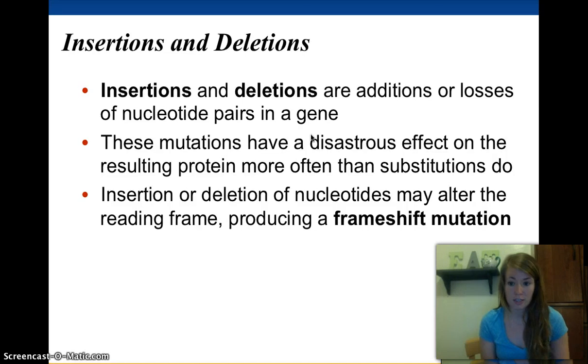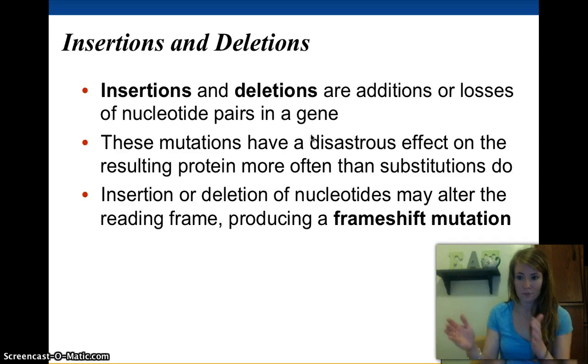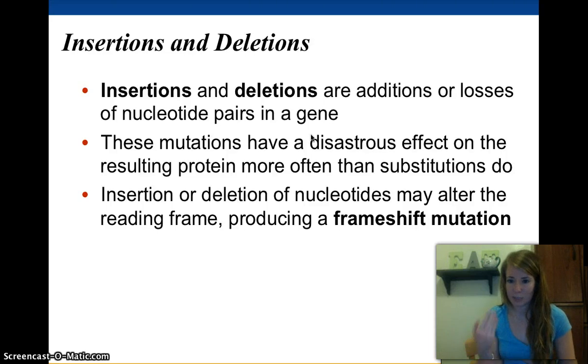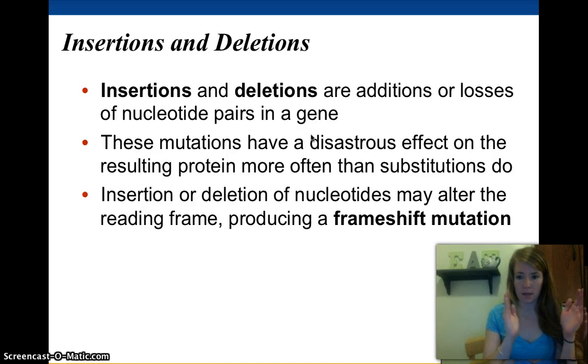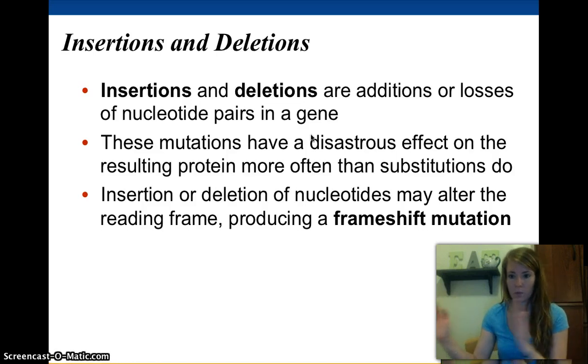Then we have insertions and deletions, which, if you remember, mRNA is read 3 bases at a time. So CCC, GTA, AUG, whatever. There should be no T in there because it's mRNA. But if we throw one in there, now our reading frame is off. So instead of reading the correct 3, we shifted it.